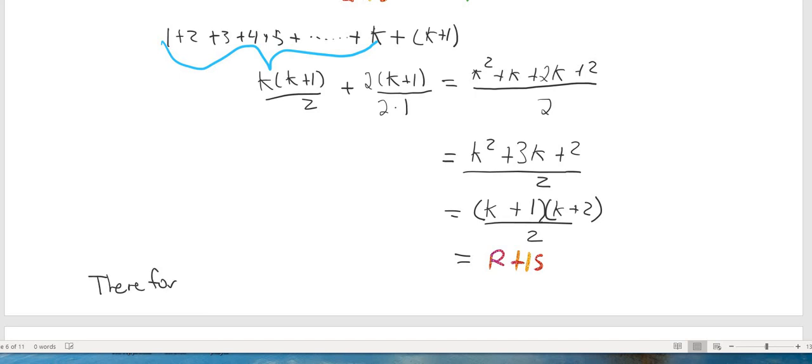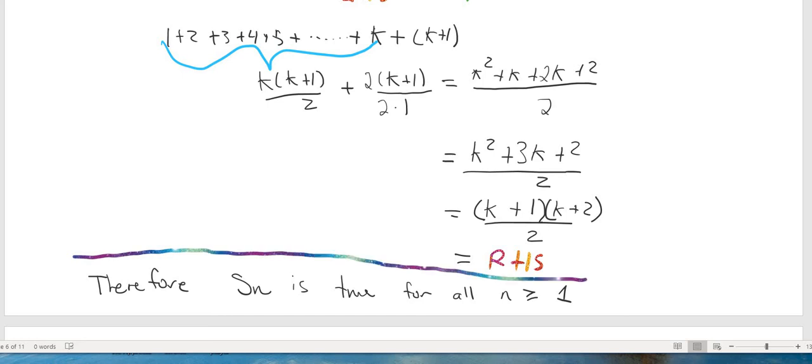Therefore, Sn is true for all n greater than or equal to 1. This is called the conclusion. So in other words, because we used step 1 and step 2, that shows that the original statement works.